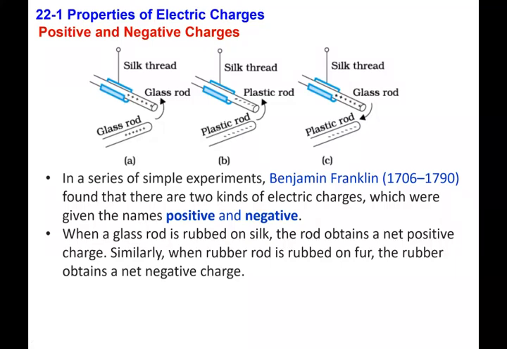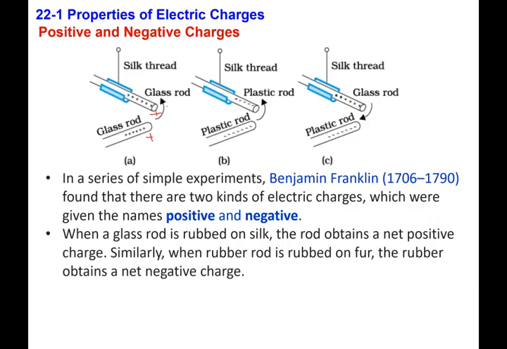He basically performed an experiment where he took a glass rod and rubbed the glass rod with silk. He noted that if you have two glass rods and both of them are rubbed with silk, and you bring them together, they will attract each other. So what is really happening, you have a positive charge, in this case, on the glass rod. The positive charge here and the positive charge here on the two glass rods cause them to attract each other.